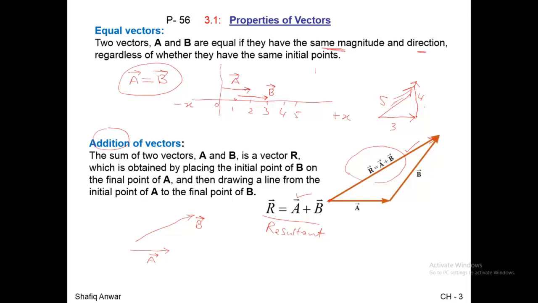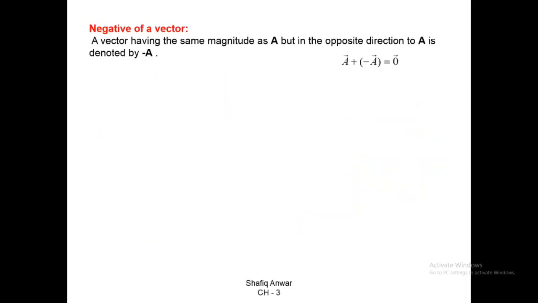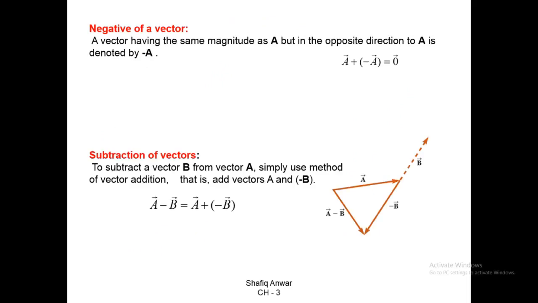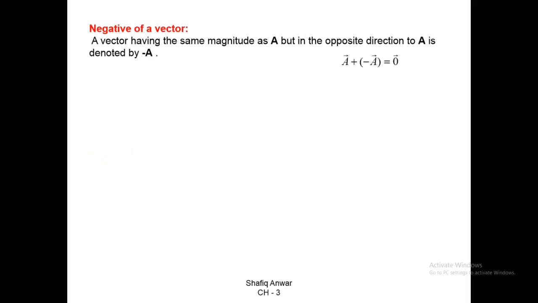Okay, now the negative of a vector. If you have any vector, for example, vector A in this direction, having magnitude, say, 2.